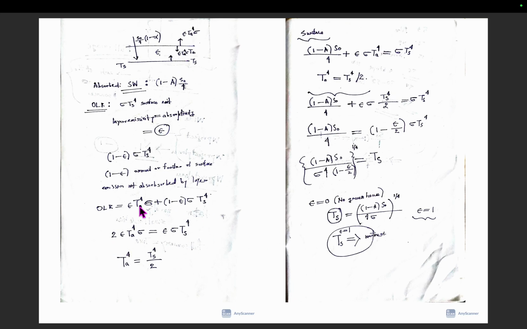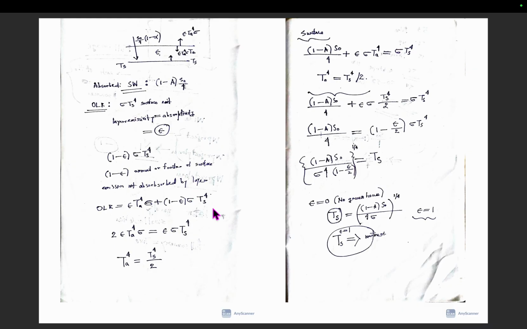And the outgoing longwave radiation is coming from two parts. The first part is epsa sigma Ta to the power 4, and another part is 1 minus epsa sigma Ts to the power 4.